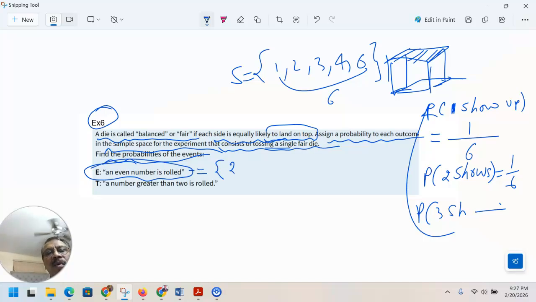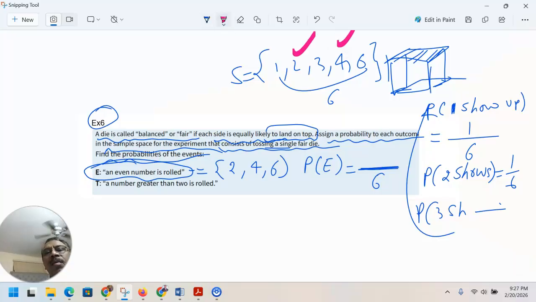So even is 2, 4, 6. The probability that this occurs is, the total number of outcomes is 6, and from 6, the ones that are even are 2, 4, and 6. I think I missed a 5 there. So there's a 5 missing here, right? So there is 3 out of 6, which is 1 over 2, which is 0.5, which is also 50% probability.